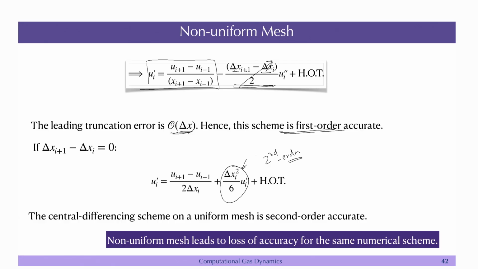right. So, what we learned from it is that if you use a non-uniform mesh instead of a uniform mesh, even if you use the same scheme, the order of accuracy goes down on a non-uniform mesh, right, for the same scheme. So, the non-uniform mesh leads to loss of accuracy for the same numerical scheme, right.